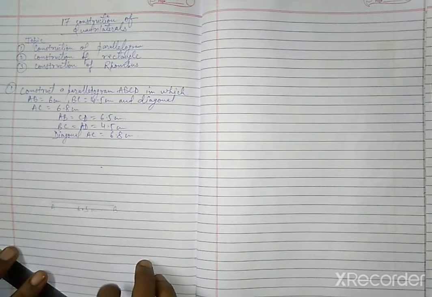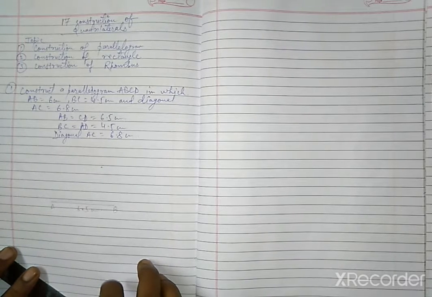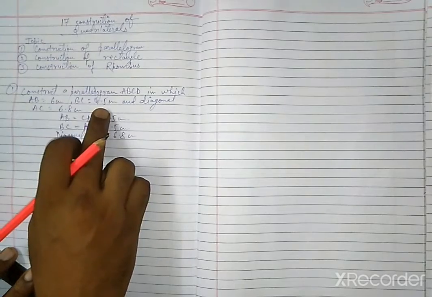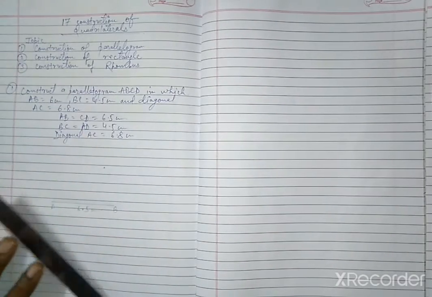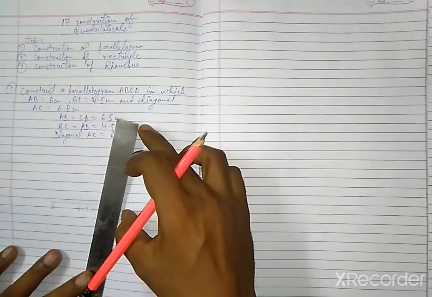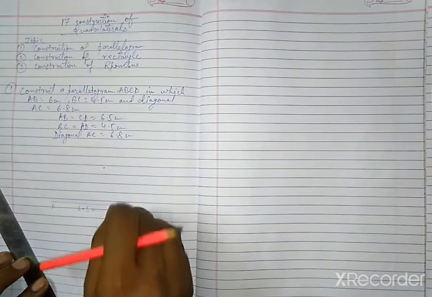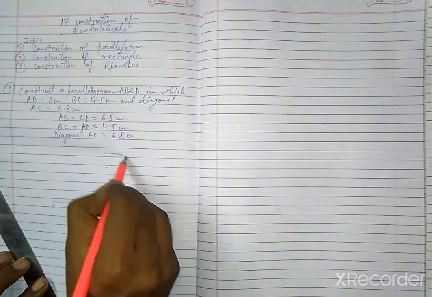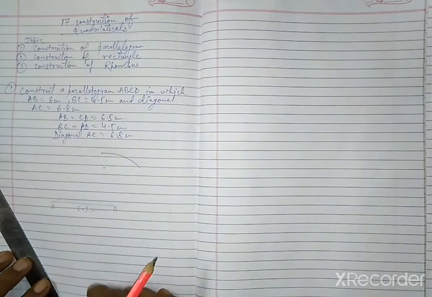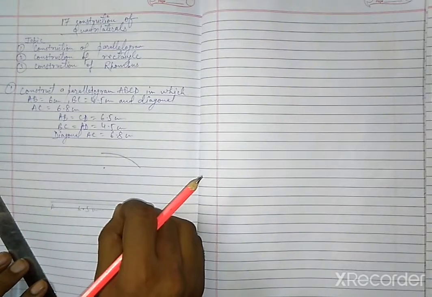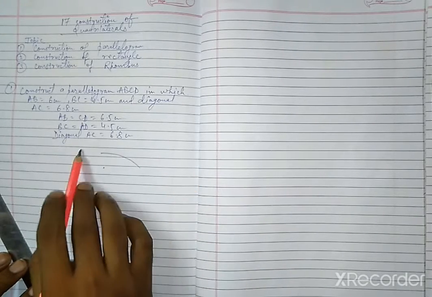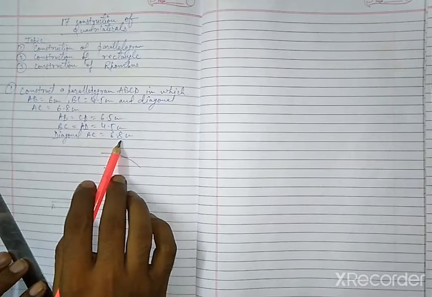Now as you can see, BC is equals to 4.5 centimeter. With the help of compass, measure 4.5 centimeter, put it at point B and cut an arc which is away from point B at a distance of 4.5 centimeter. Now diagonal AC is given 6.8 centimeter.